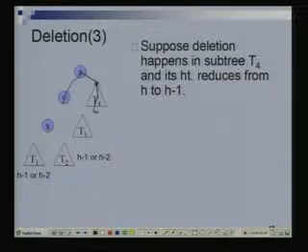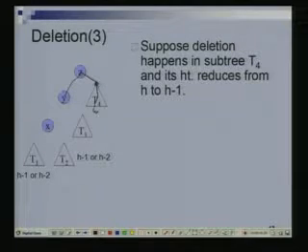Why could it not have been this node which has larger height? This is very simple actually. There is an imbalance that happened here. Earlier there was no imbalance. Imbalance happened because the height of this one decreased.